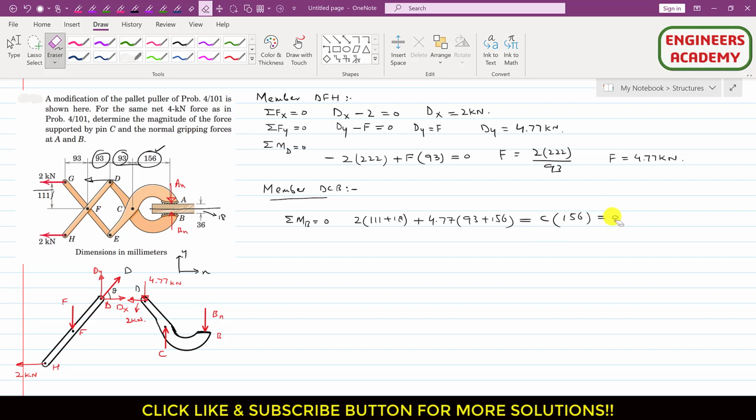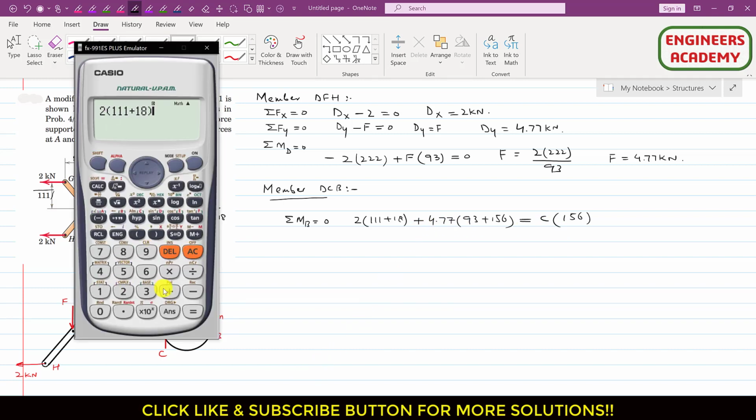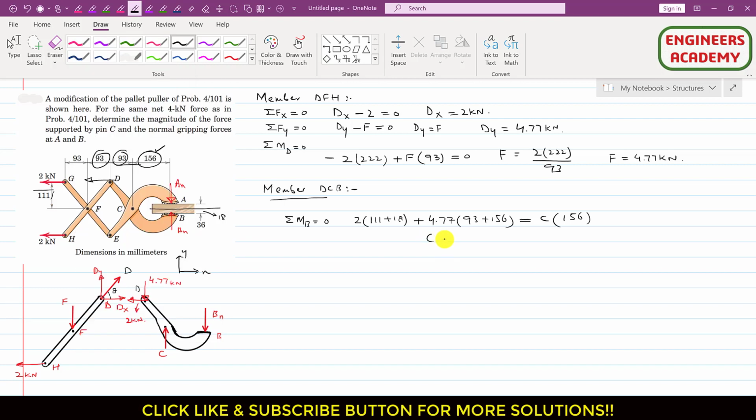If we bring this to the other side of the equation, we will have this equation, right? So this C force equals 9.27 kilonewton, right? So this is the magnitude of the force supported by pin C, right?